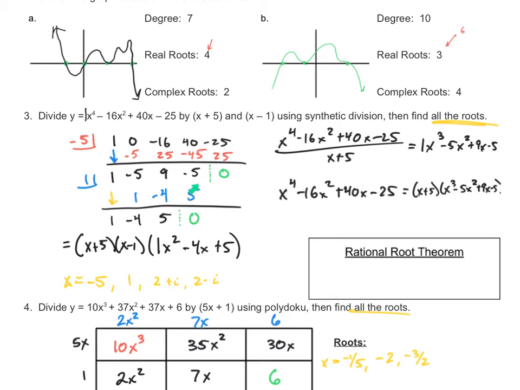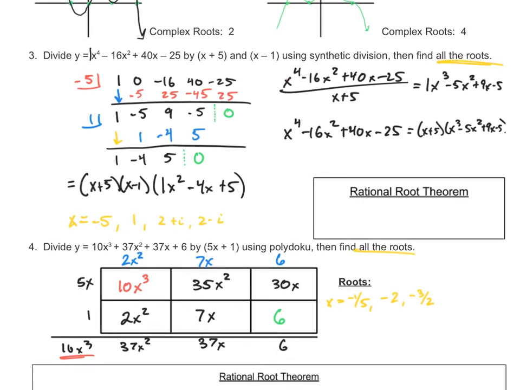You list your coefficients, drop down, multiply, and add, and you get 0 again. Very good. Now you have these 2 factors plus what's left, which you could use your quadratic formula on to get your 2 complex roots in this scenario, and our 2 real roots, which we knew because these were already our factors.